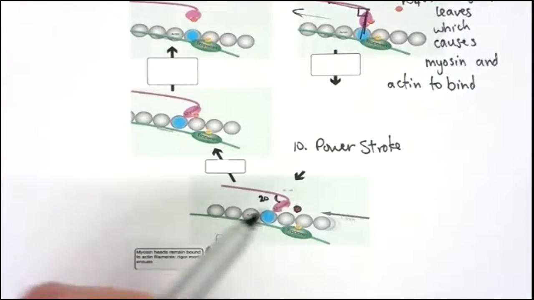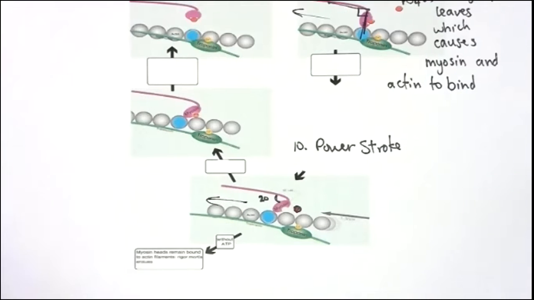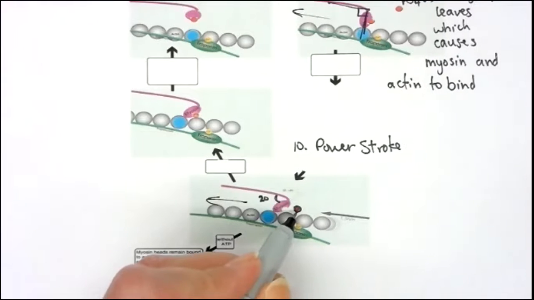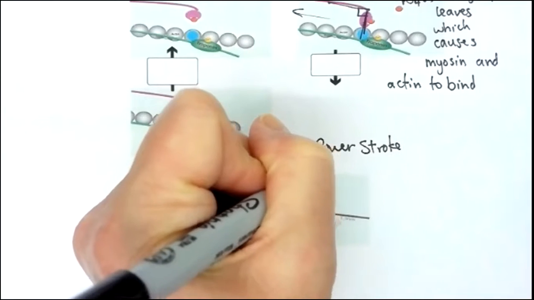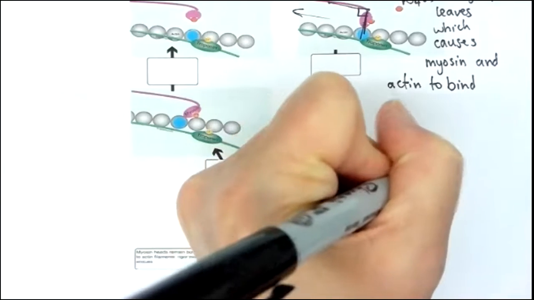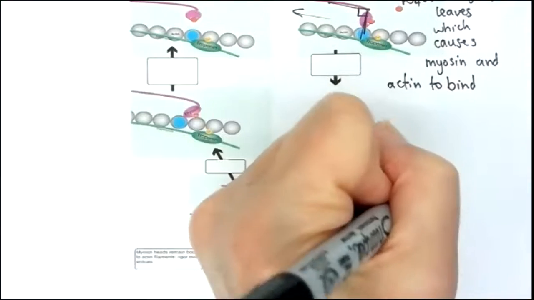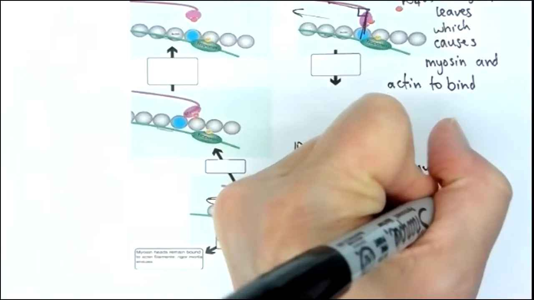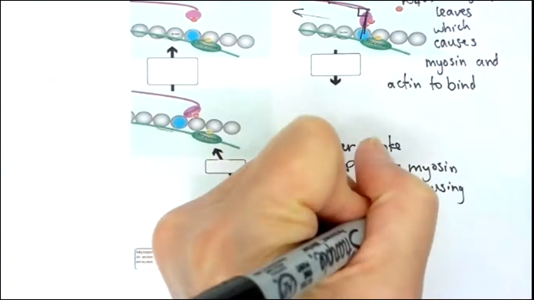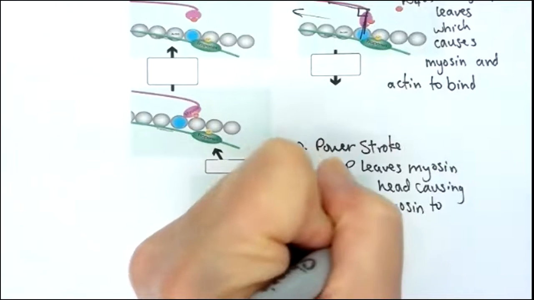And it's that rotation towards the inside that moves this actin filament this way during the power stroke. This is accomplished by the ADP leaving the myosin head, causing the myosin to rotate to center.